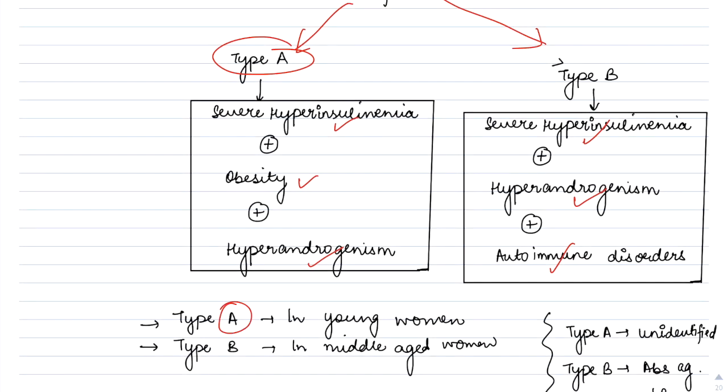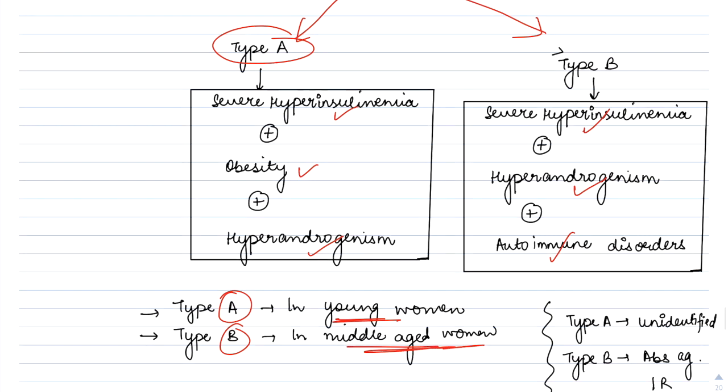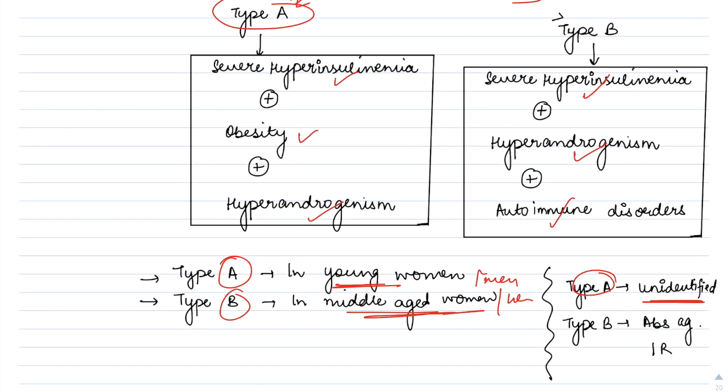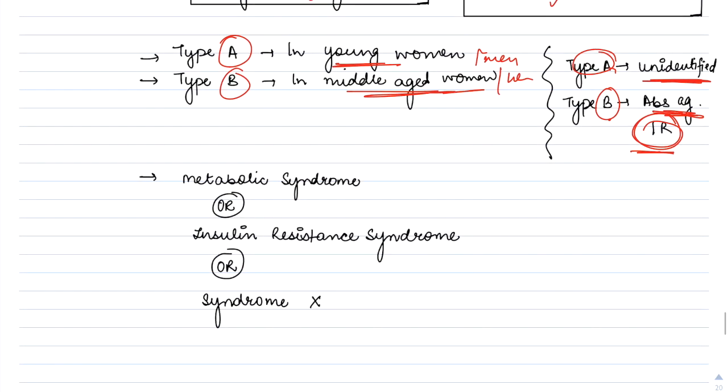Type A usually occurs in young women, while type B occurs in middle-aged women or men. Type A's cause is unidentified and it does not have an autoimmune process, while in type B there are antibodies against the insulin receptor.